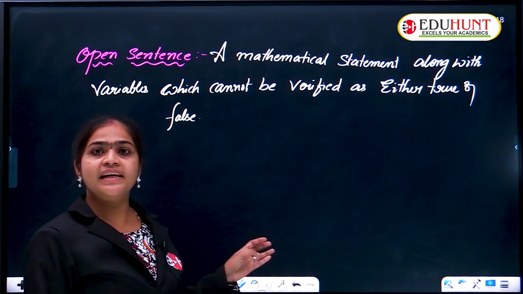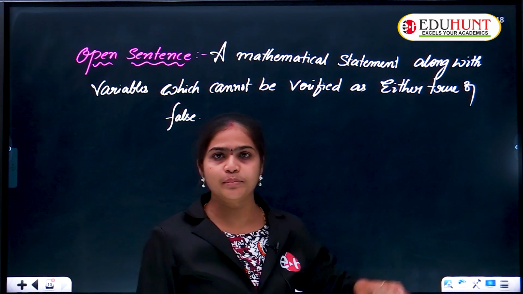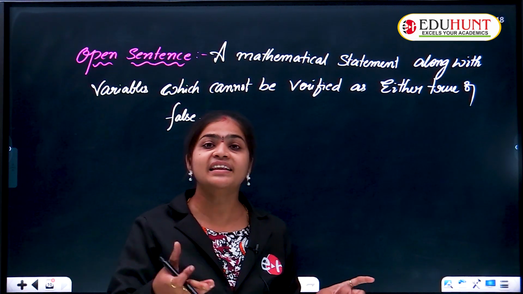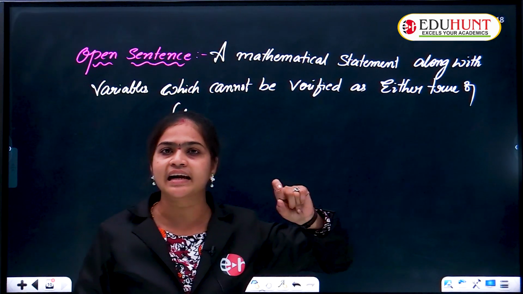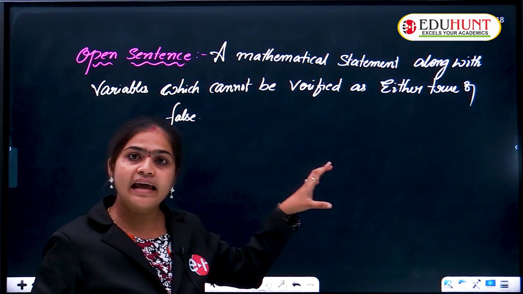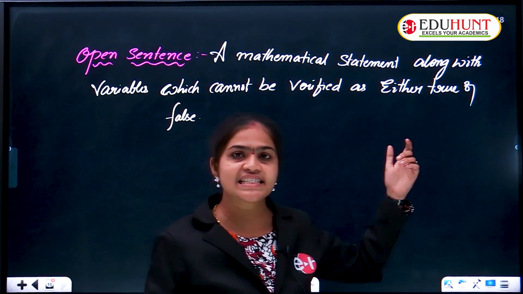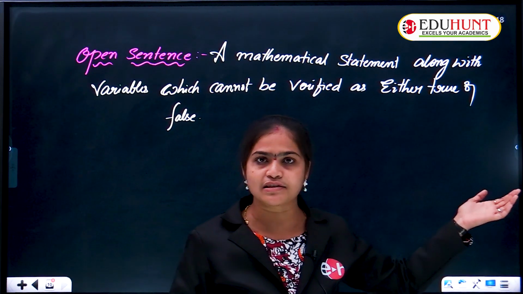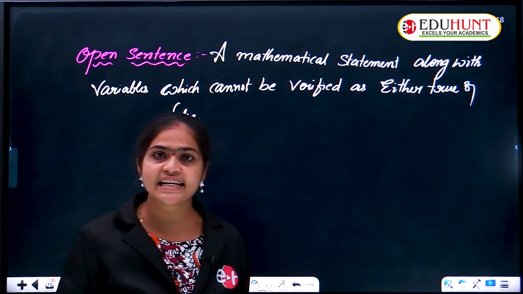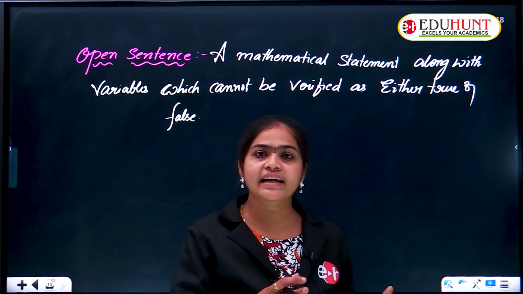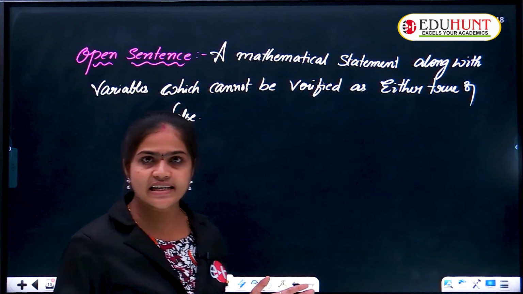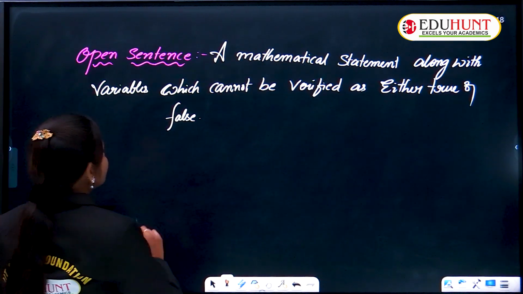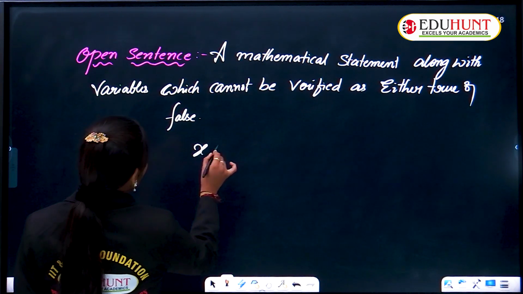Understood, ma? Here, a mathematical statement containing variables. Previously we talked about mathematical statements that contain numerical values. Here, along with the numerical values, we are having symbols also. We are having variables also. Here we cannot judge whether it is a true statement or a false statement. We cannot express it. So such kind of sentences are called open sentences.